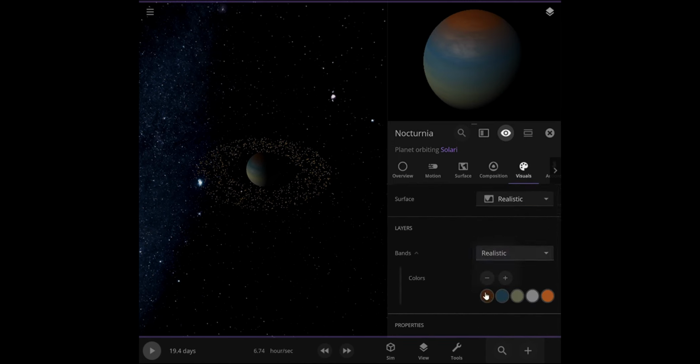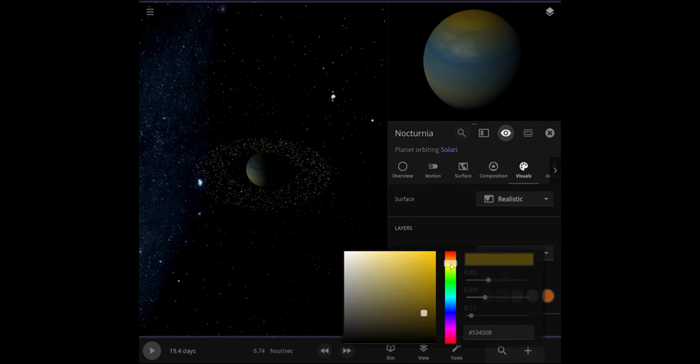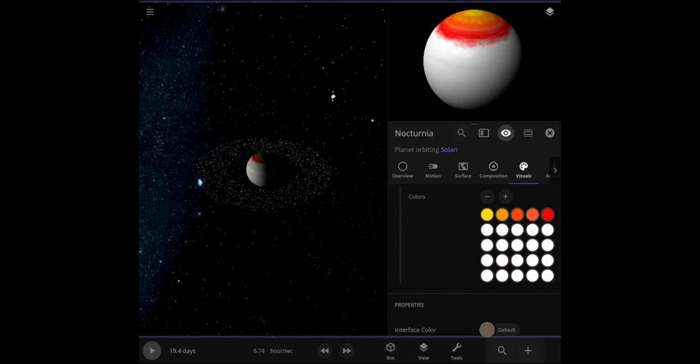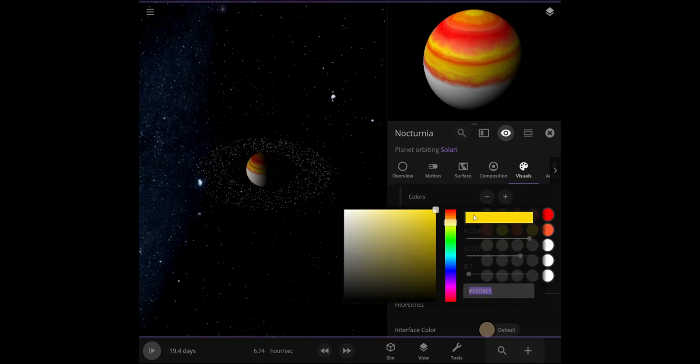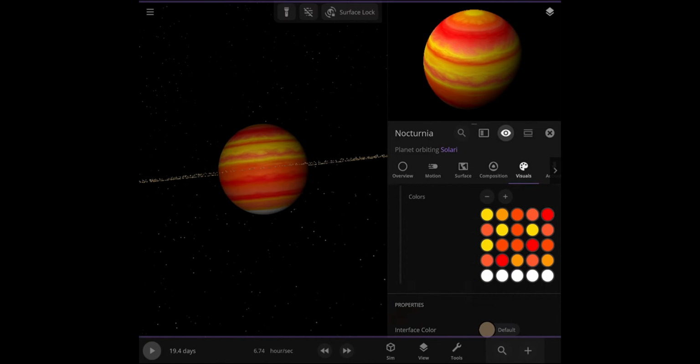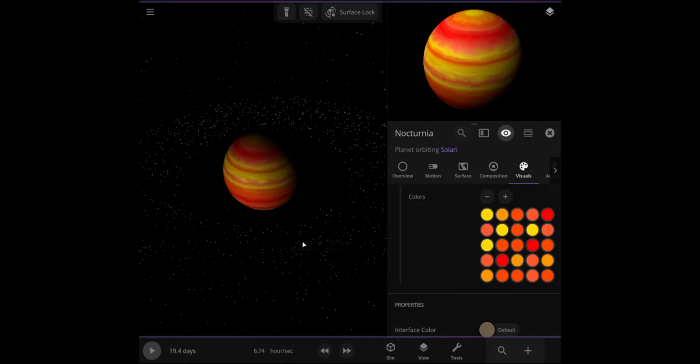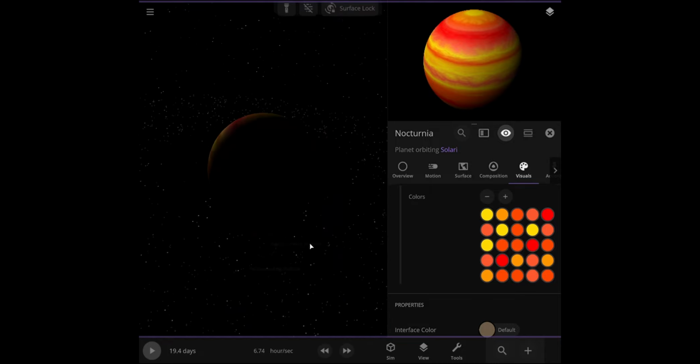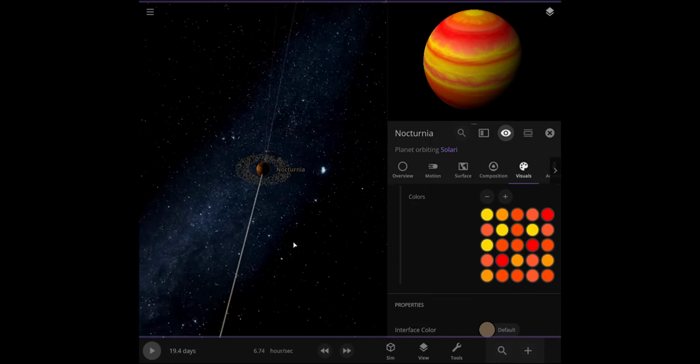Bands. Okay, so Nocturnia, the lone gas giant with only rings and nothing else. It is married, but it has no children.